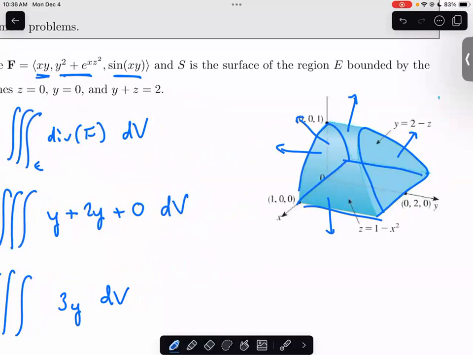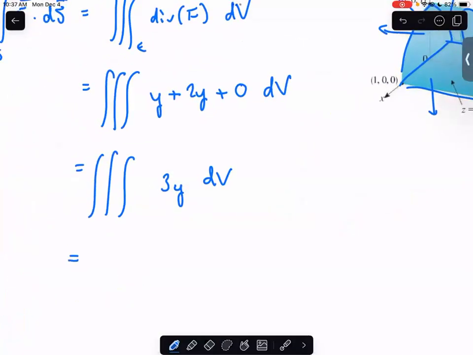Seeing this, it doesn't really scream cylindrical or spherical to me, so I want to eliminate those first. If I don't see any better reason to do otherwise, I've already told you guys that typically I like to do dz, dy, dx as my starting order of operations for triple integrals. However, in this case, I believe that there is a compelling reason not to choose this order.